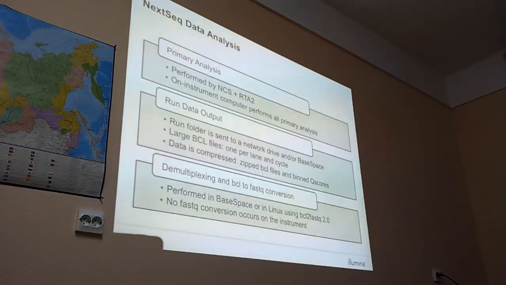And number three, you can also save the BCL files on a server, and then you use software that we can give you, or you can download it. It's called BCL to FastQ Converter version 2, and it's fairly simple to operate, and it converts the BCL into FastQ.